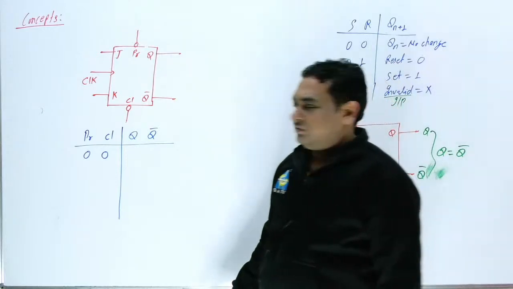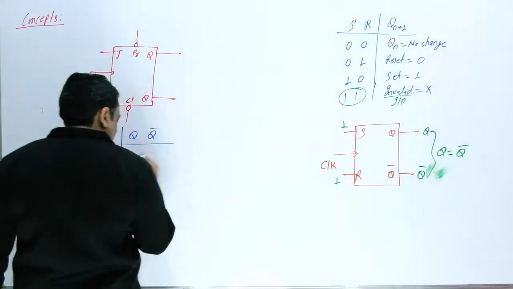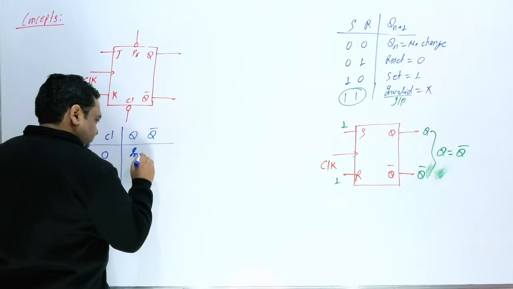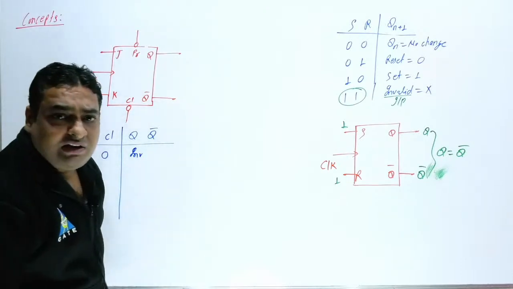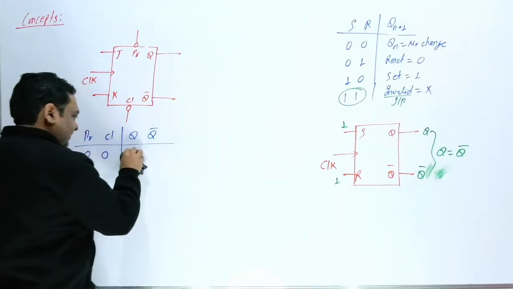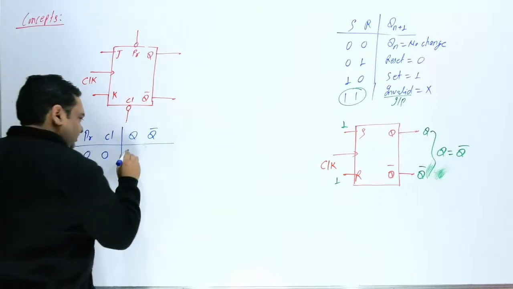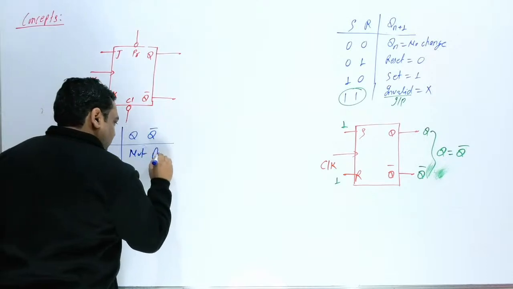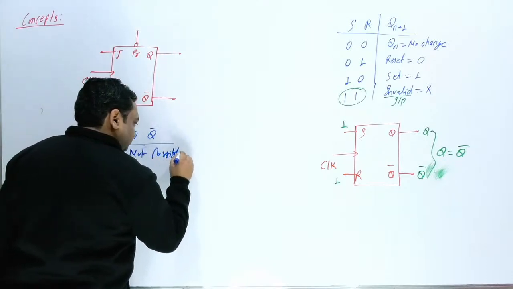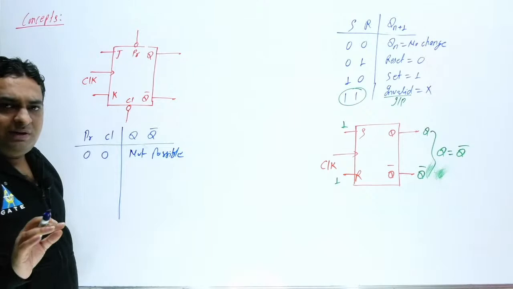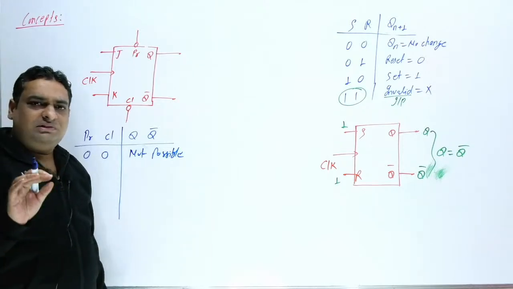How can both be possible? So both cannot be possible. So you can say this is invalid; this input combination cannot be provided. In any situation, preset and clear cannot both be 0 0.